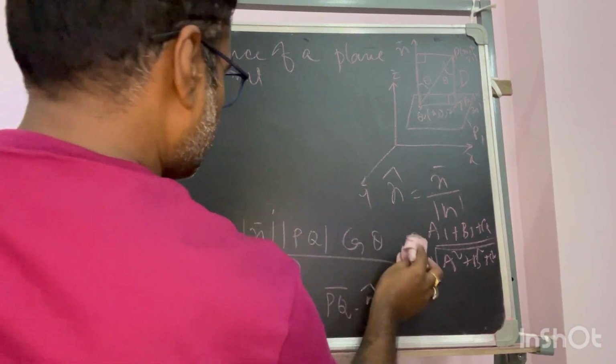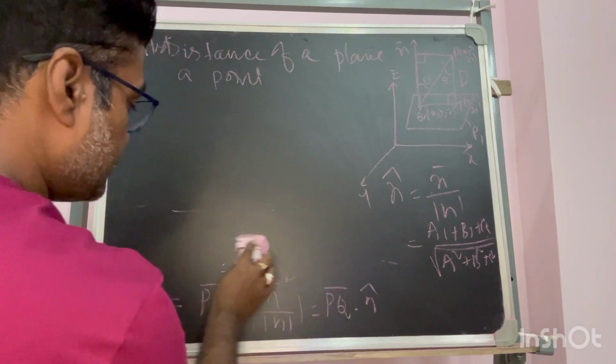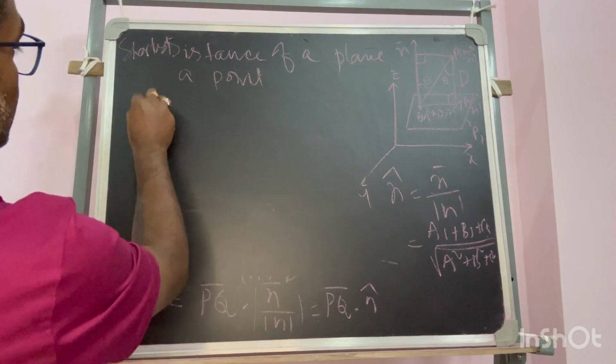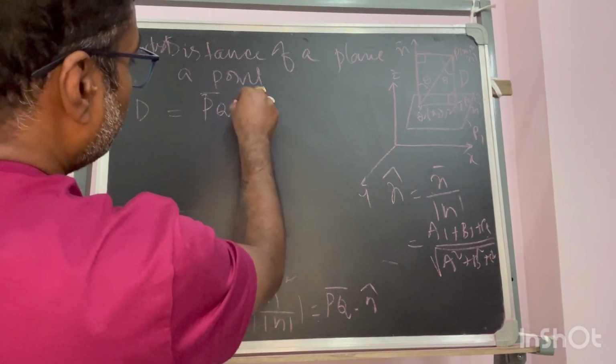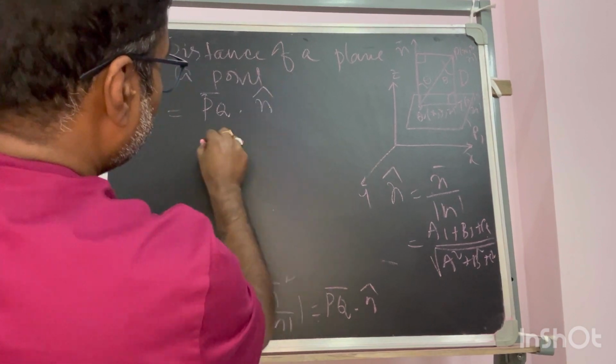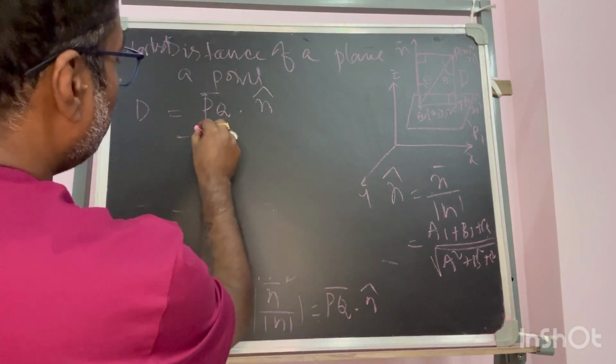Okay, so now if I put it right now on the equation, the D will become what? PQ vector dot n unit vector along this. So the unit vector we will find.